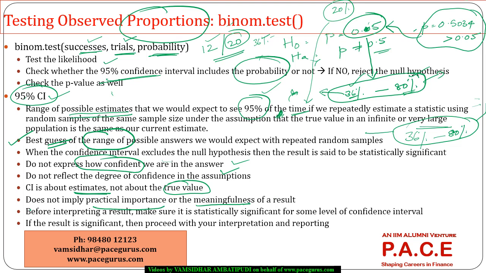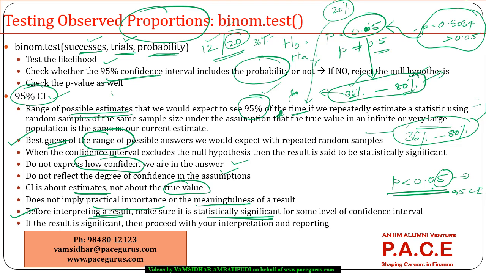But a few important points for us to understand: before making any kind of interpretation of any result, we have to ensure that it is statistically significant, meaning the p-value is less than 0.05. If I am going with a 95% confidence interval, then I will ensure that it is less than 0.05.